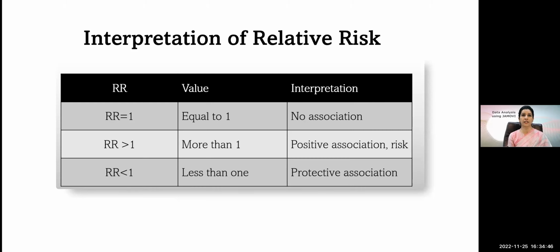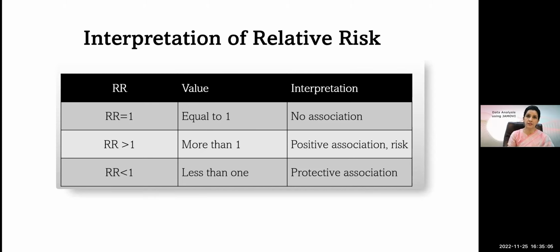So how do we interpret relative risk? If the value of relative risk is 1, then we say that there is no association. That means between exposed and non-exposed, there is no association between the risk factor and the outcome.